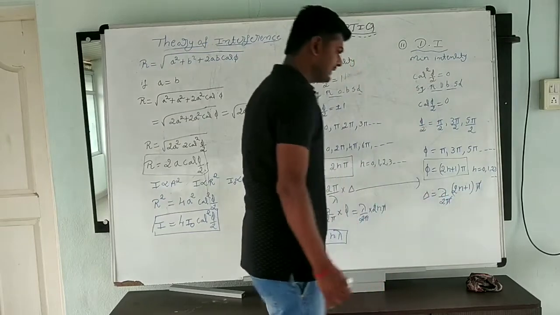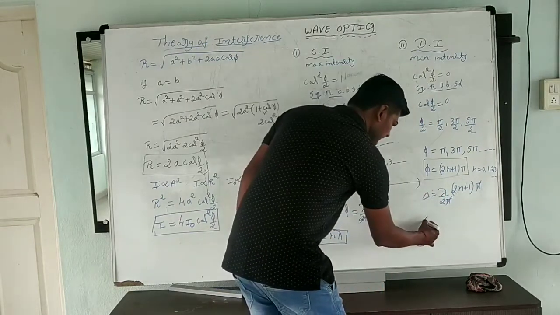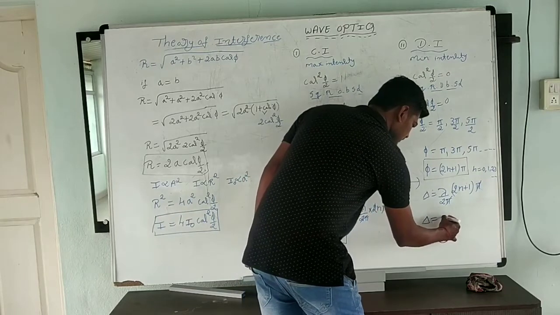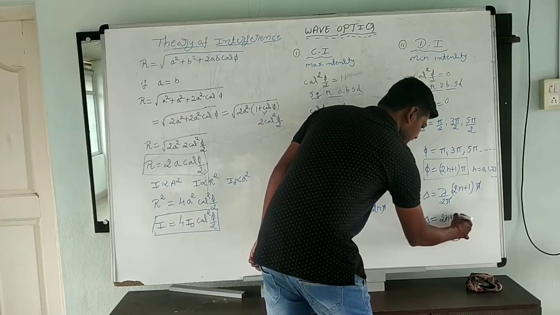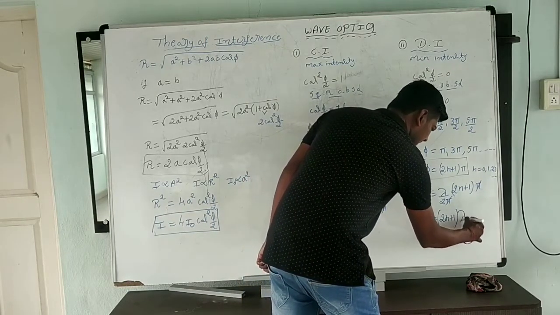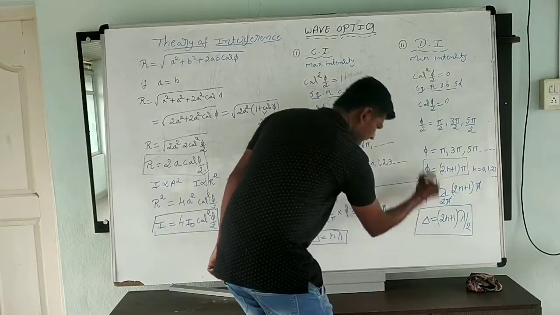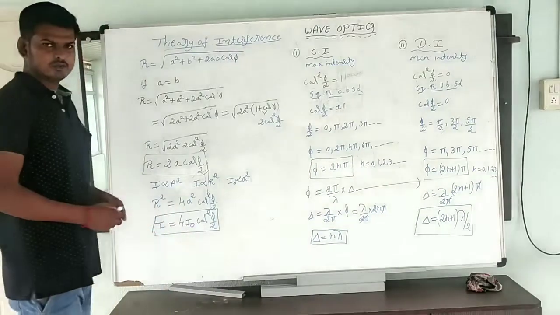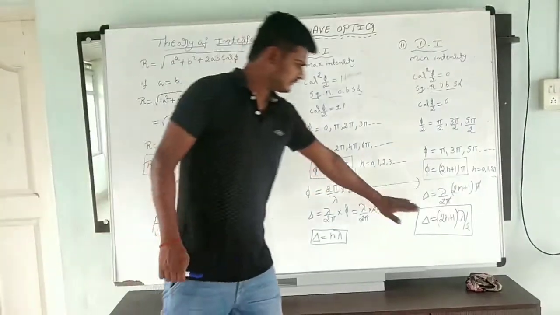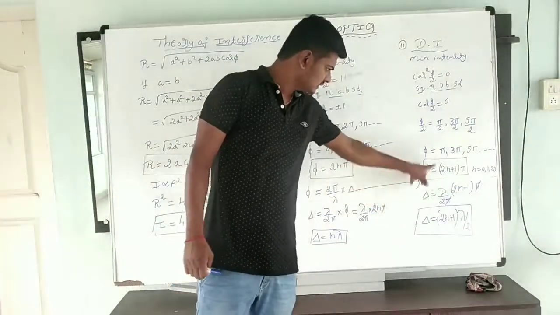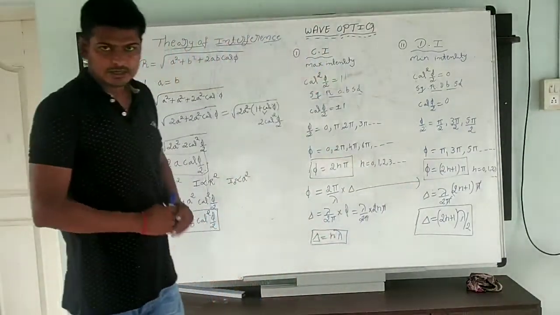On both sides pi cancels. The path difference delta is equal to 2n plus 1 into lambda by 2. This is the condition for destructive interference, in terms of path difference and phase difference. Clear?